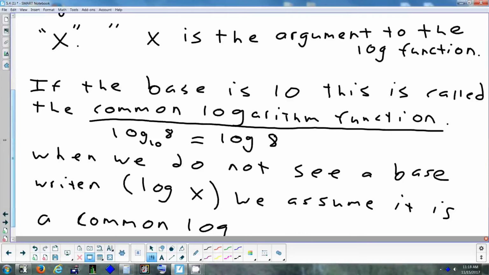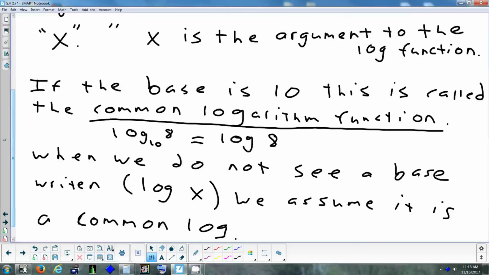So if you write log, you don't put the base, it's assumed you're doing base 10, or common log. Right, so try to remember that. Log by itself, it's kind of hiding what the base should be, but you have to remember it's a 10. Because we're going to do something that requires you to remember that.